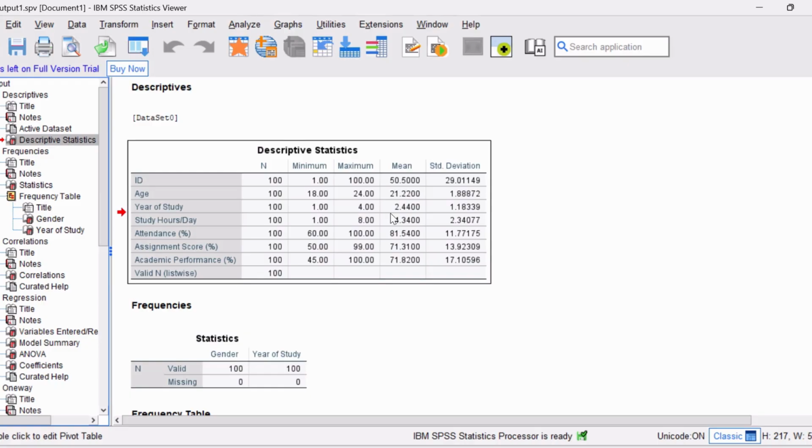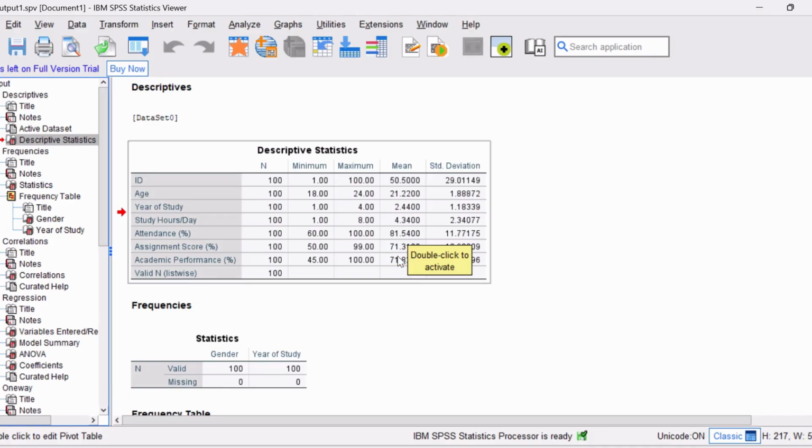As for the sample, we had 100 students, and the average age of the students was 21 years old, followed by the average study duration, which was about 4 hours 30 minutes per day, and the attendance was 81.54%, followed by the average score, which was 71.3%, and lastly the academic performance, which had an average of 71.82%.